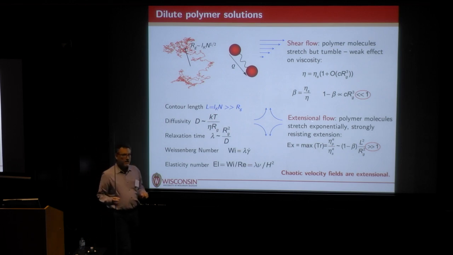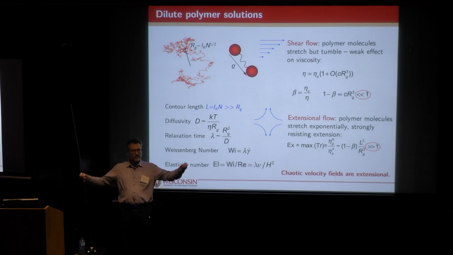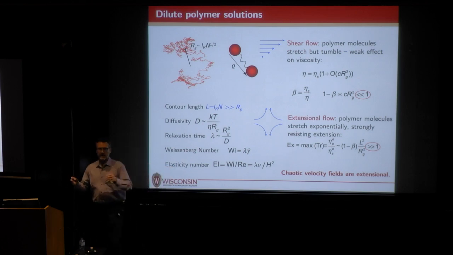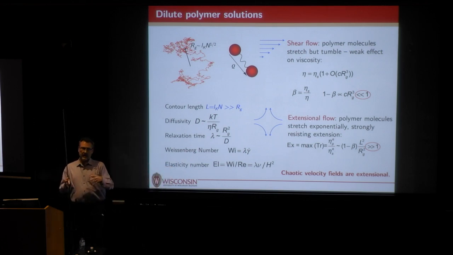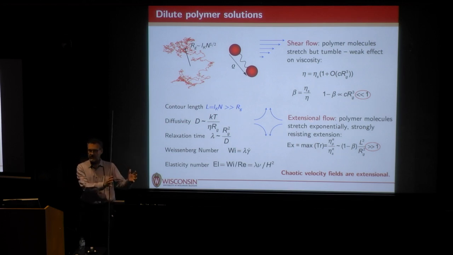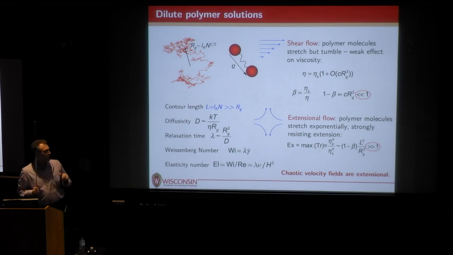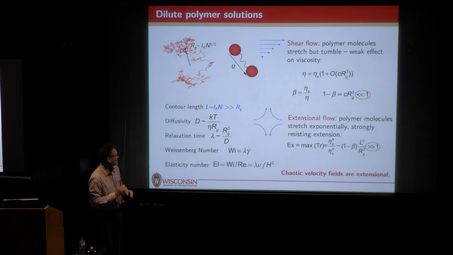And then you can think about a relaxation time for that polymer molecule. If you stretch it out, it's going to take some time to relax. That time scale, roughly speaking, goes as the amount of time it takes for that polymer molecule to diffuse its own size. So there's a relaxation time for the molecule, which we're going to call lambda.